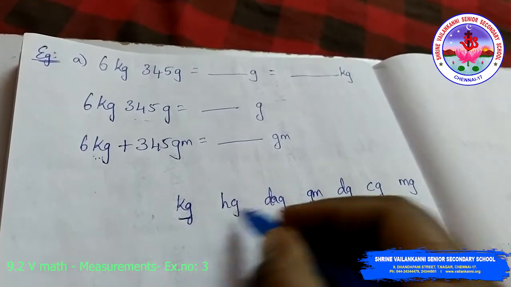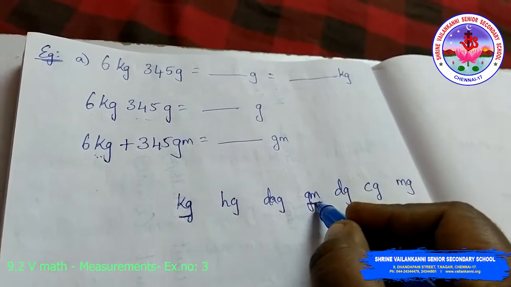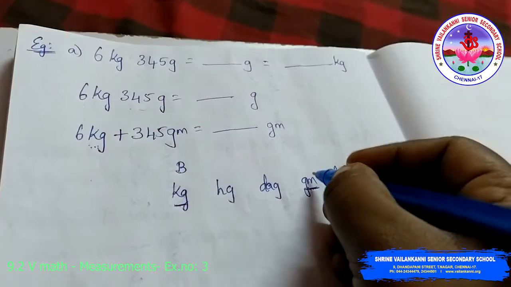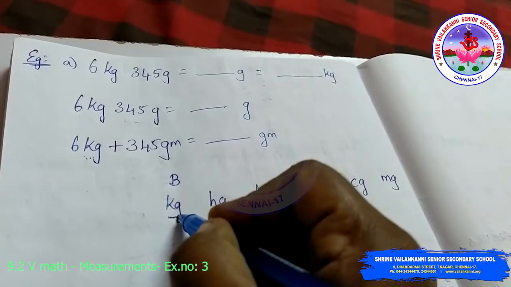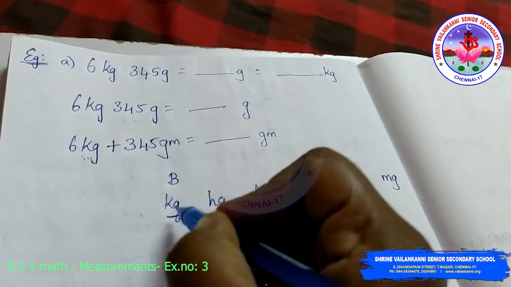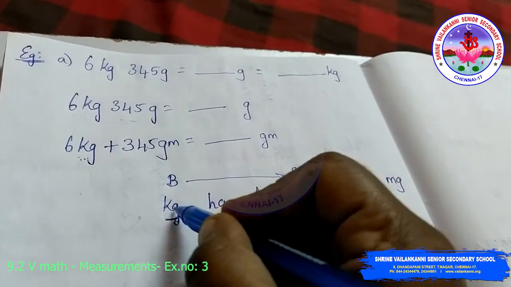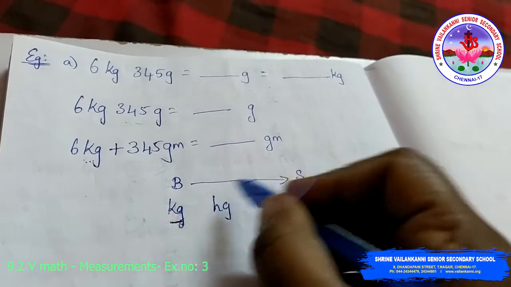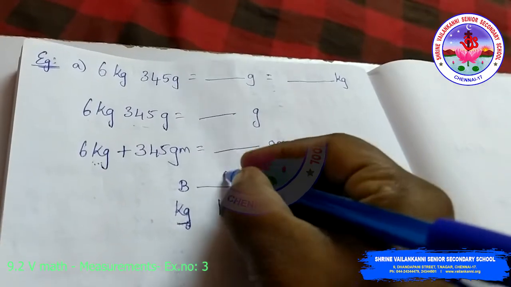Now convert these two units, kilogram and gram. Which is bigger? Kg is bigger than gram, and gram is smaller. So now we are going to convert kilogram into gram. That is big to small. Whenever you convert a big unit to a small unit, you will do multiplication.